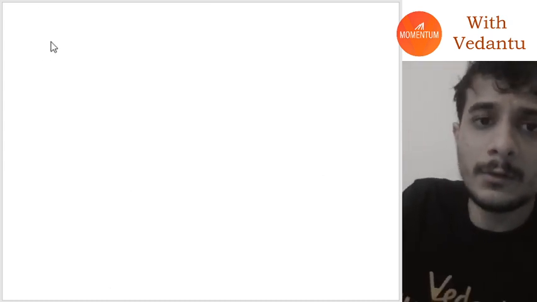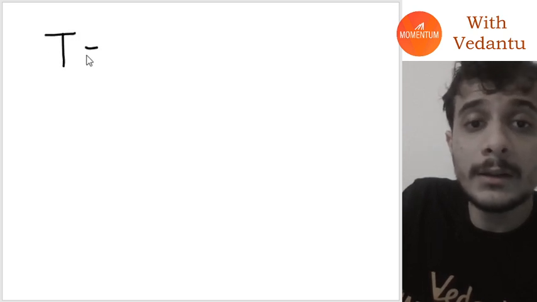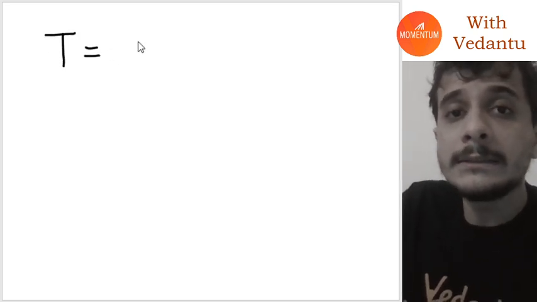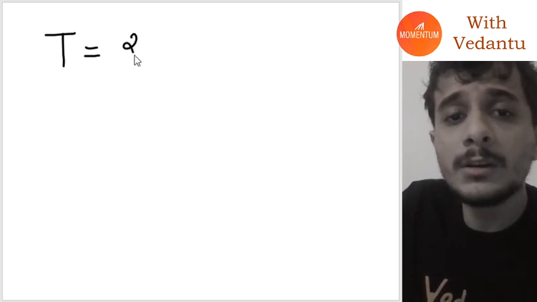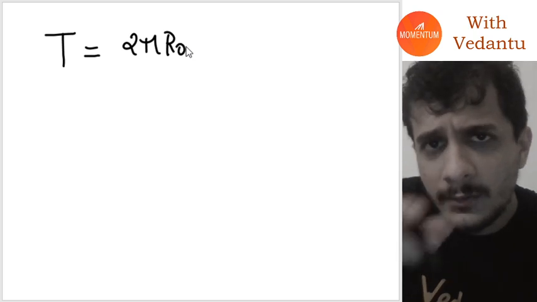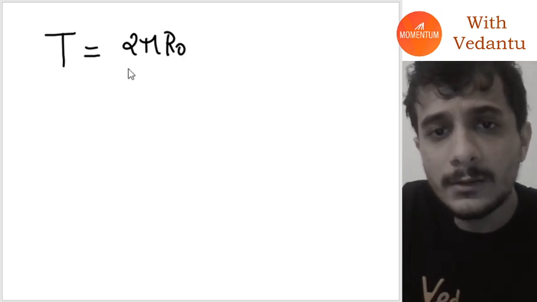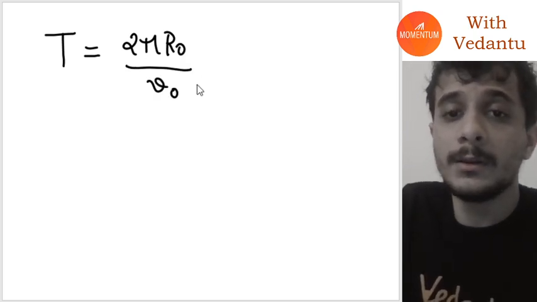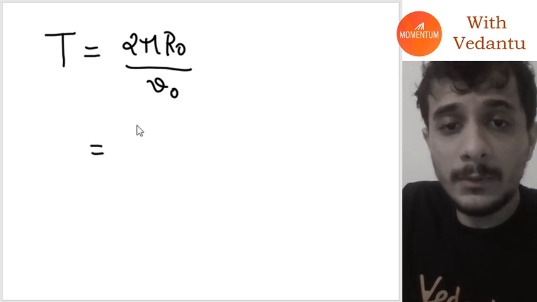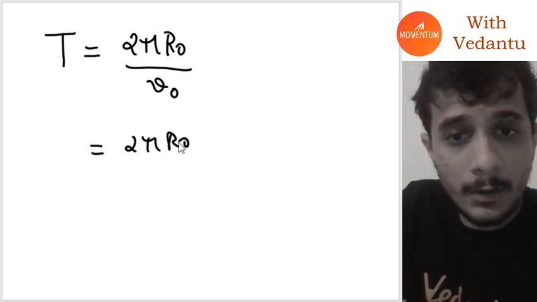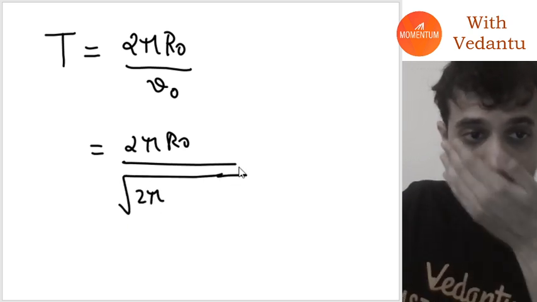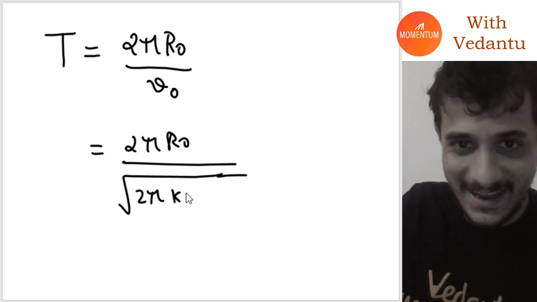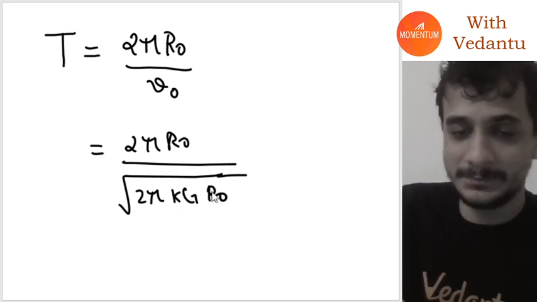Now, you're not interested in calculating the orbital velocity, guys. You are interested in calculating the time period. The time period is nothing but 2 pi r naught, the distance traveled in one full cycle, divided by the orbital velocity. So that will be 2 pi r naught divided by under root of 2 pi k G r naught.